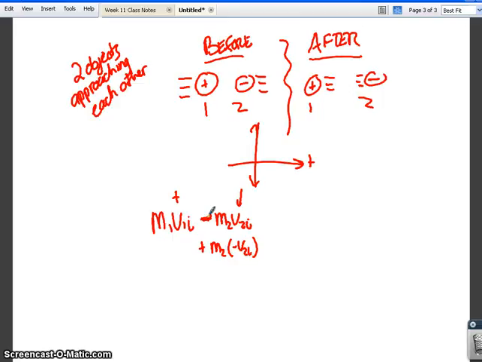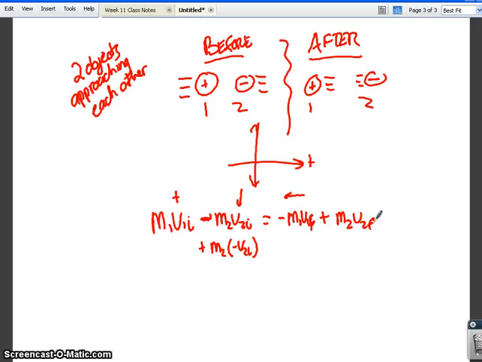These two are going to equal a negative m1 v1 final. Why? Because this object is now moving to the left, plus m2 v2 final moving to the right.